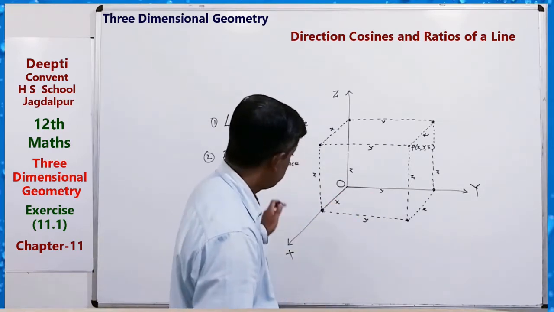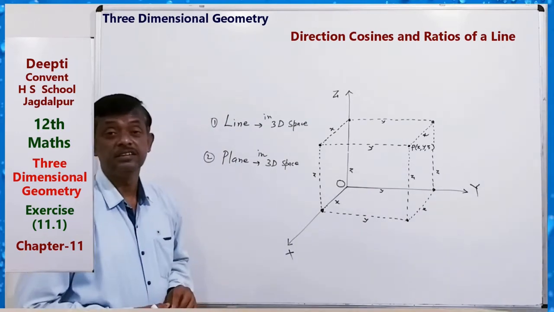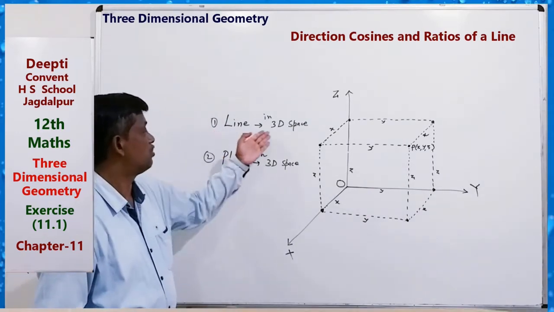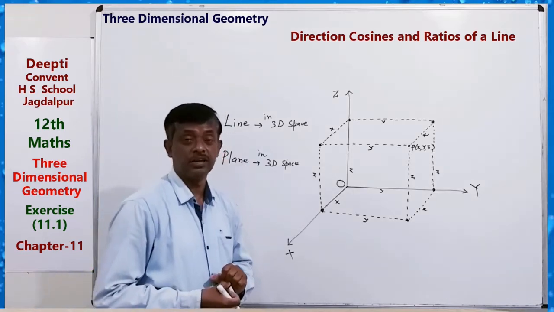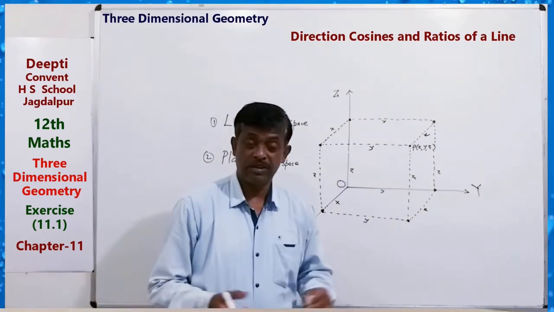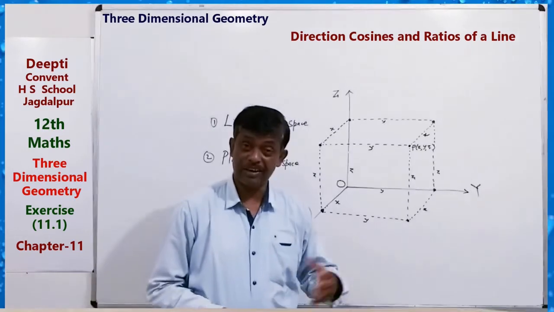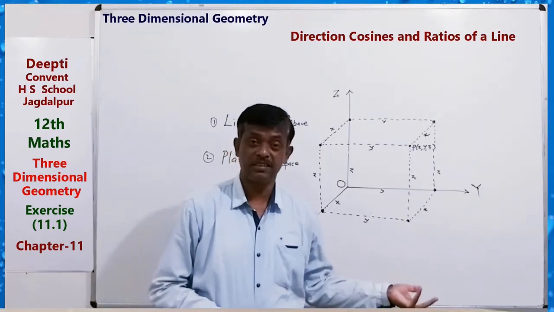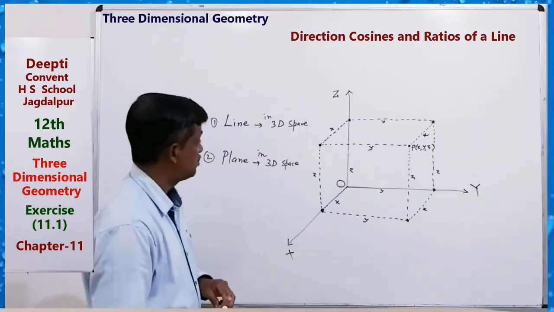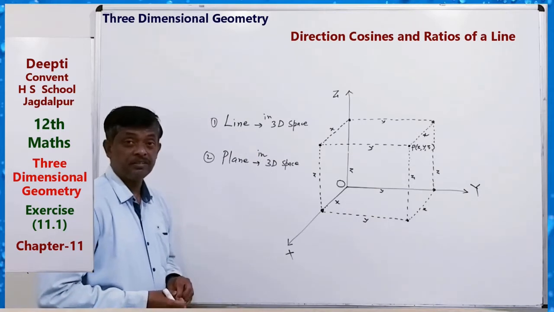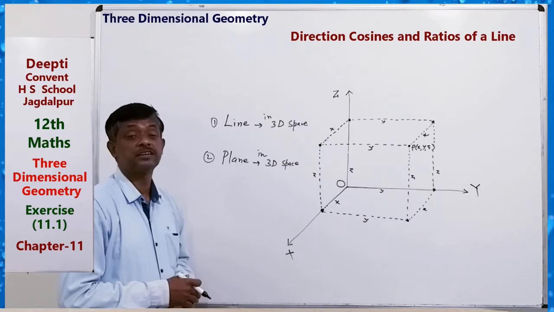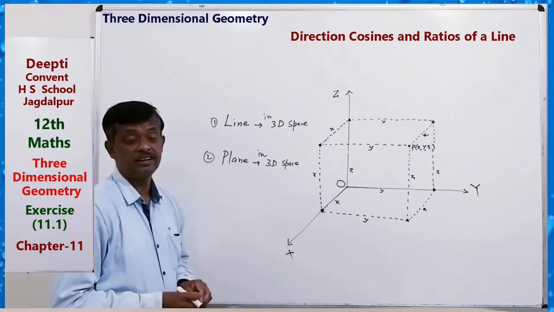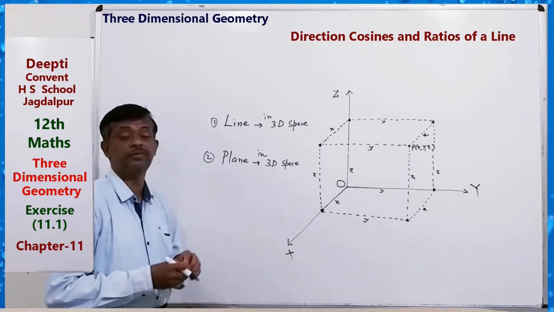That gives us an easy approach to the equation of a line and a plane, using vector techniques. We know what direction cosines and direction ratios of a vector are from the previous class, so here we use that concept to identify the direction cosines and ratios of a line.